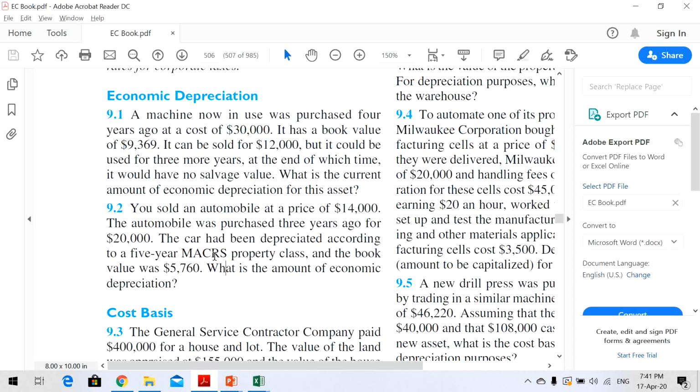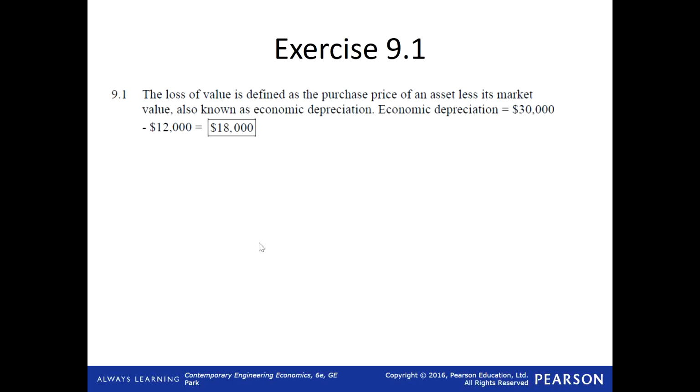It's just a method of depreciation calculation. I'll explain it later, but it's not important in this question because you have to calculate only economic depreciation, which is purchase price minus market value, already there in this question. I'll leave it for you to figure out on your own.